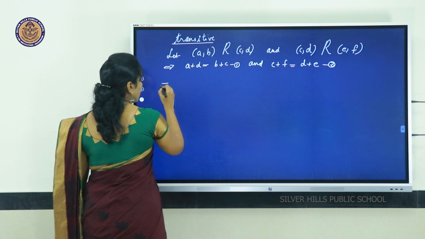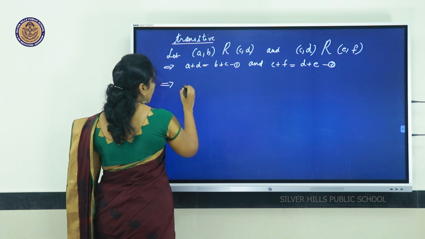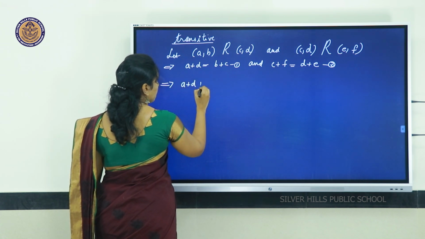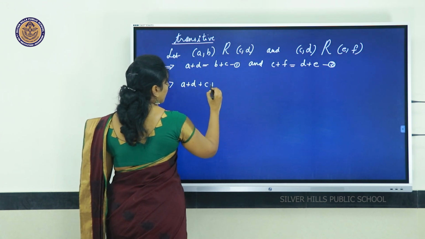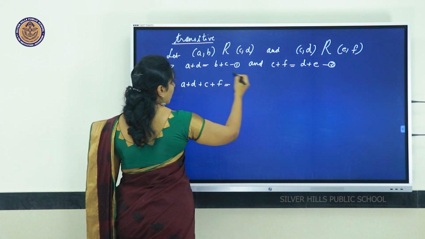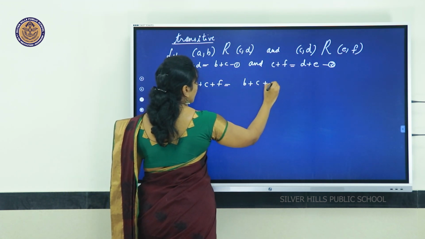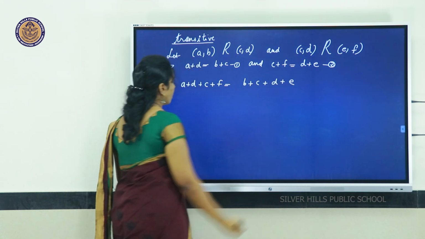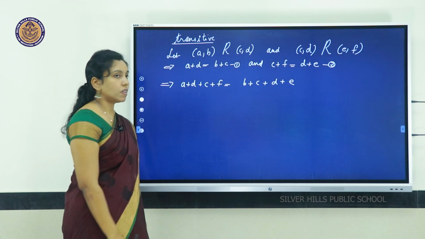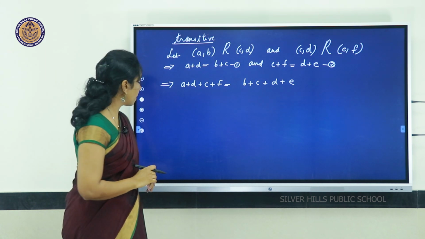So, if I add these two, I will get A plus D plus C plus F is equal to, now I am going to add the right side, B plus C plus D plus E. Addition is over.